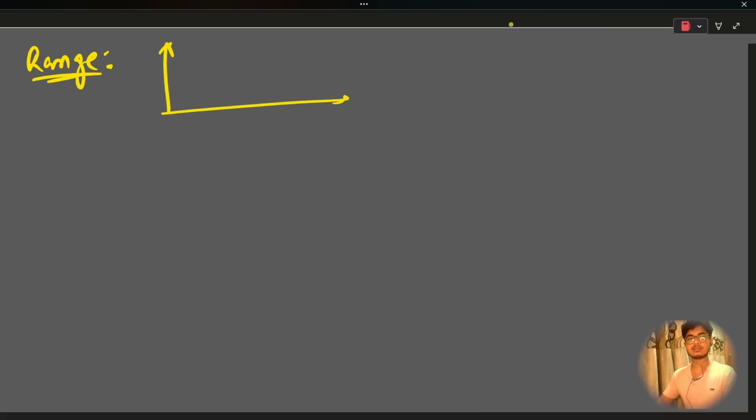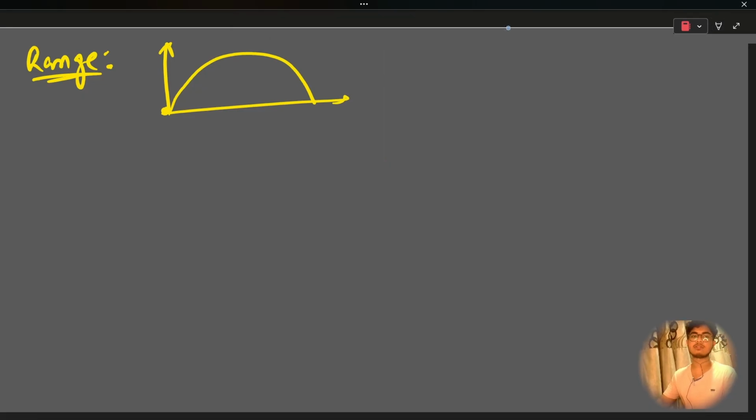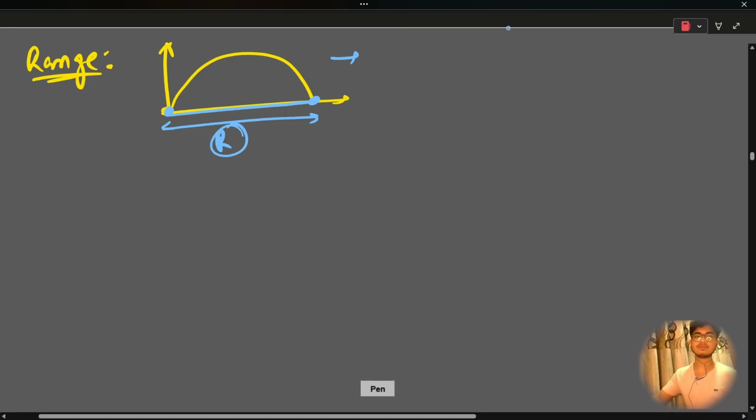Range is basically the distance from the initial point to the final point, that is this, the initial point, on the x-axis. This is in the x-axis, right? So it will be concerned with this. But also, what is distance?